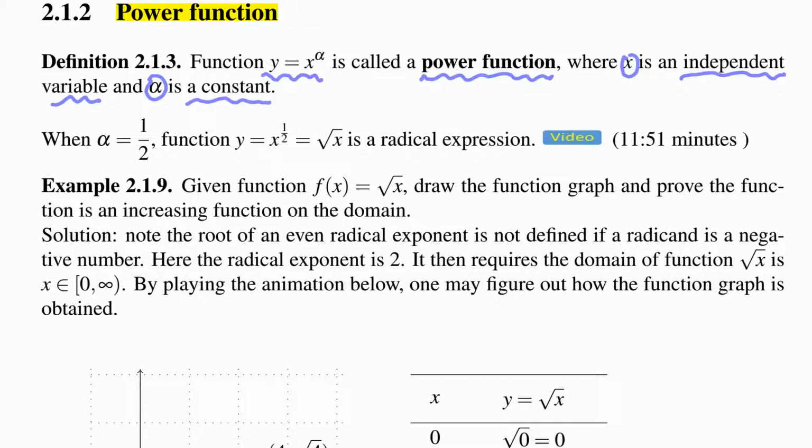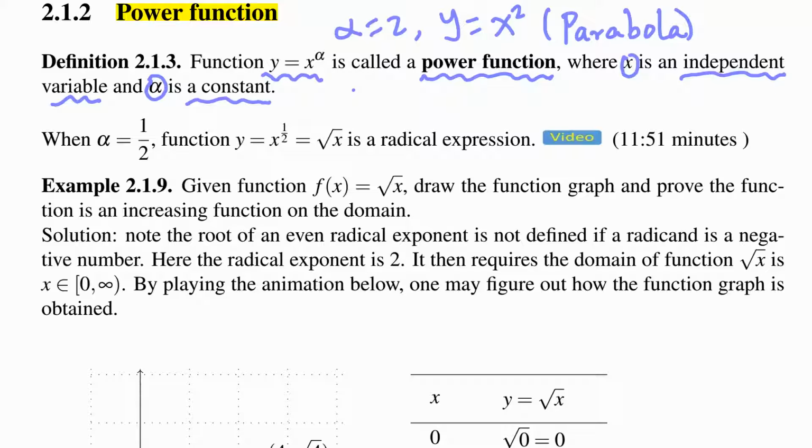For example, alpha here can be 2. Then in this case, y equals x squared. So this will be a parabola. And we know the graph of y equals x squared.